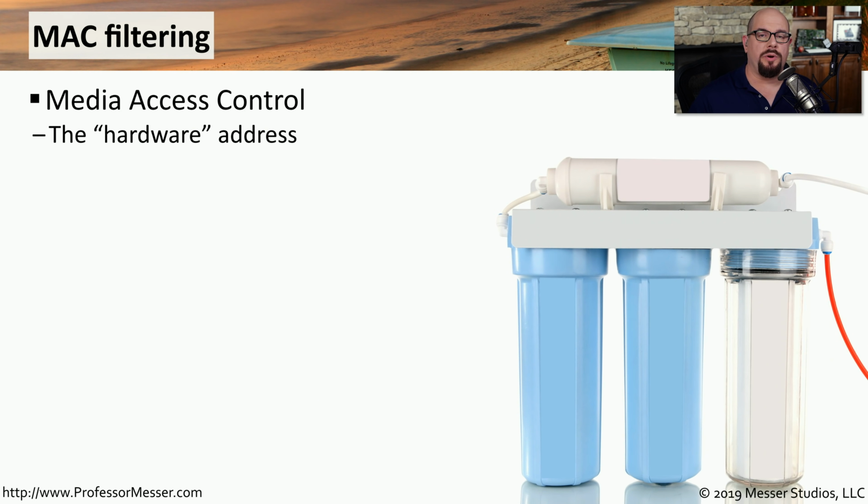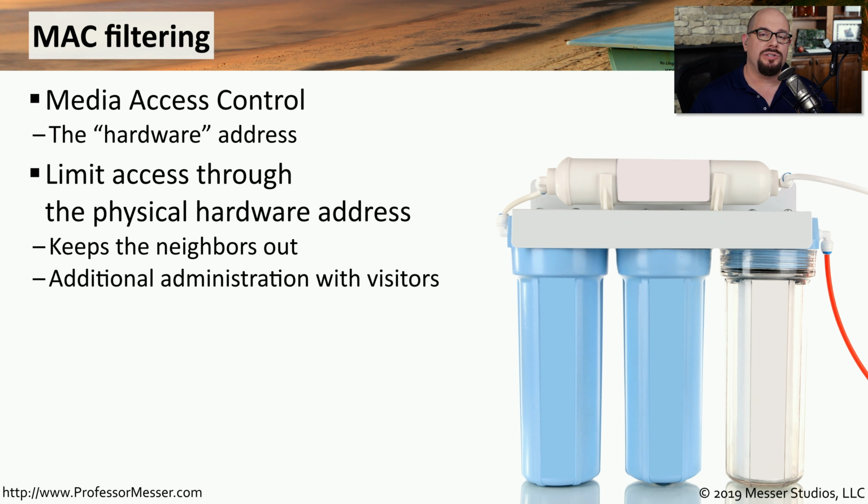Another type of security based on the MAC address or the media access control address is MAC level filtering. For example, it's common to see MAC filtering inside of switches and wireless access points. This allows the network administrator to assign particular MAC addresses that would either be allowed or filtered from the network.